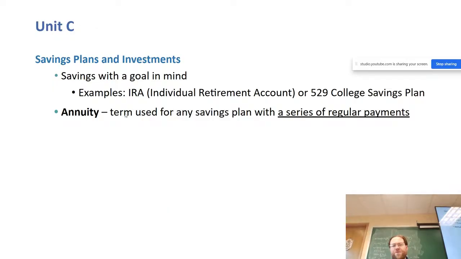Some of them may have annuities, which is basically a regular payment for keeping your money in that account. There's always a college savings plan, 529. That might be for if and when you decide to have kids or a family.